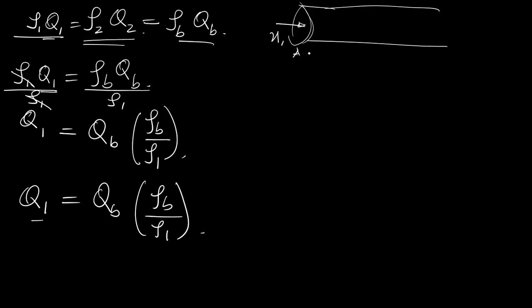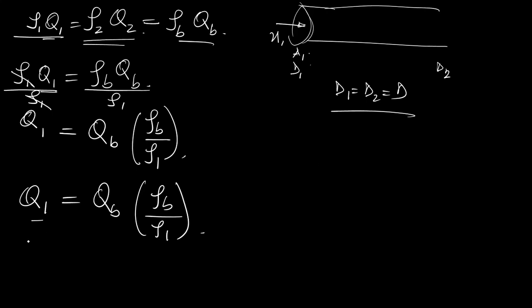Now there is an area at this point. This is a cylindrical tube, that is the pipe. It has the same diameter. So the diameter here is equal to the diameter here. So that means D1 is equal to D2 is equal to D. And what we're using here is the internal diameter.